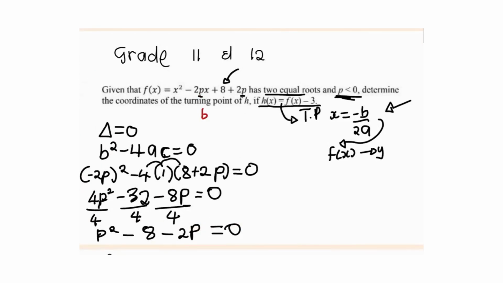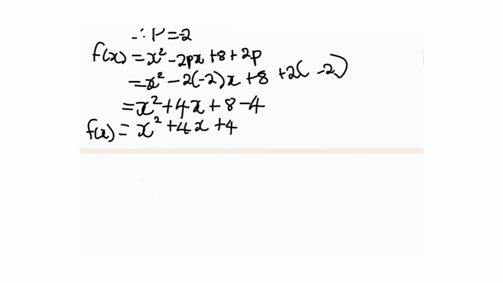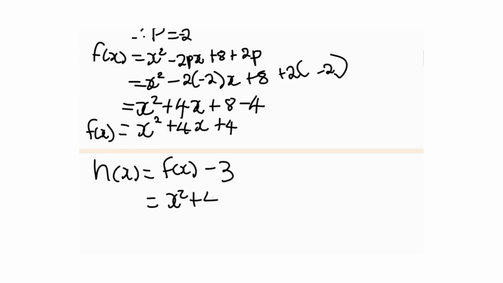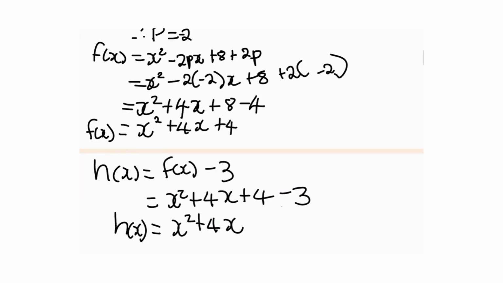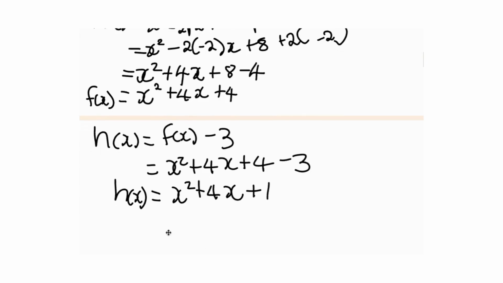But h(x) is equal to f(x) minus 3, so they are saying h(x) is f(x) minus 3, and our f(x) is x squared plus 4x plus 4 minus 3. So it means our equation for h(x) is going to be x squared plus 4x plus 4 minus 3, which is plus 1. There we have our h(x).